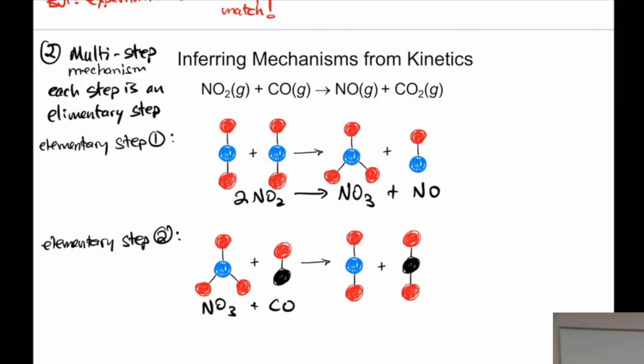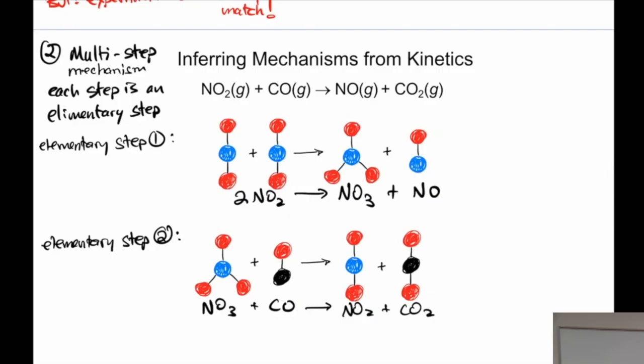That's where the carbon's coming from. Now when I have a molecule of NO3 and it collides with a molecule of carbon monoxide in just the right orientation, with enough energy, it will form a transition state, which can resolve into 1 molecule of NO2 plus 1 molecule of CO2.